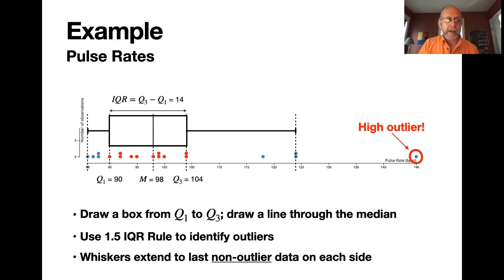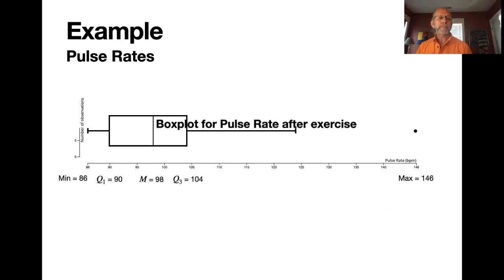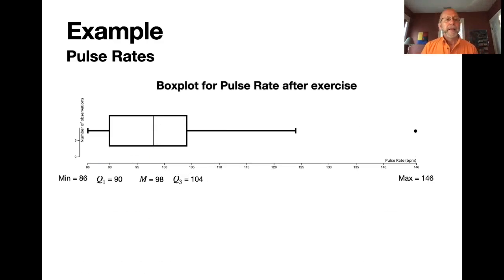Finally, the outliers, anything that's outside of those whiskers, are represented by dots that are placed in line with the whiskers. So we have one outlier, and so I raise a dot in line with that right whisker to represent that outlier at 146. And there we have our, sorry, our box plot.